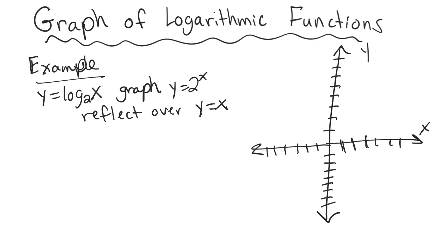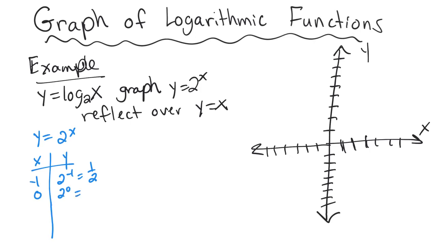Let's start by making an xy table for y equals 2 to the x. When x is negative 1, it's 2 to the negative 1, which is 1/2. When x is 0, it's 2 to the 0, which is 1. When x is 1, we have 2 to the 1, or just 2. When x is 2, we have 2 squared, which is 4.